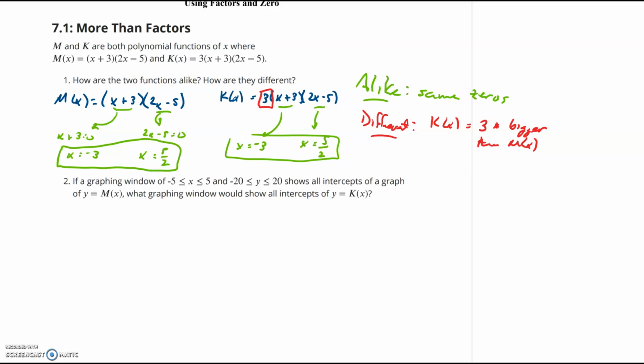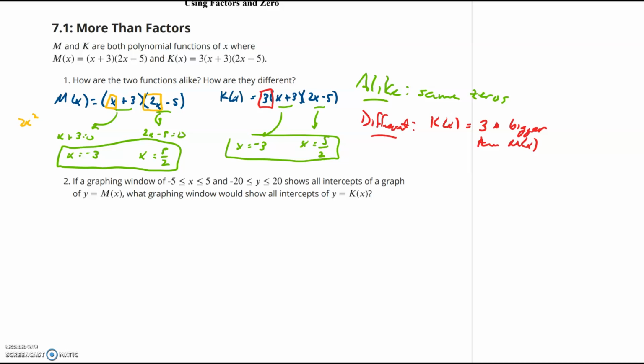Some other things I notice. They are both going to be degree 2, and I can recognize that in m of x here. If I take x times the 2x, I get 2x squared. So that's going to give me a second degree polynomial function.